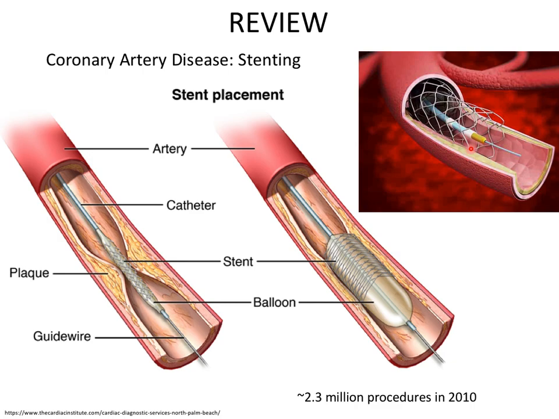The other scenario is you have lost some of that tissue distal or downstream from where this occurred, and the amount of lost tissue is proportional to how long it took them to get this vessel open. So 2.3 million of these catheter-based stent placements are done in the U.S. every year. It is just normal practice now.